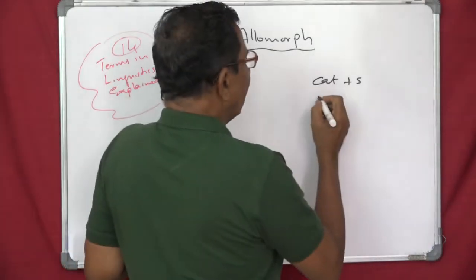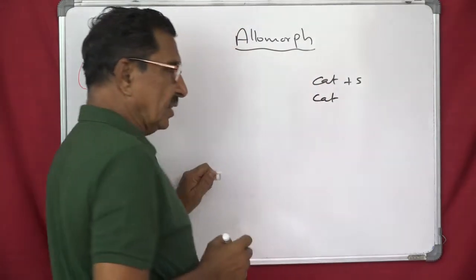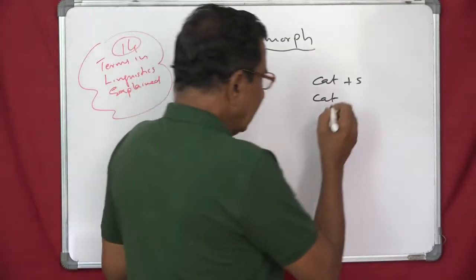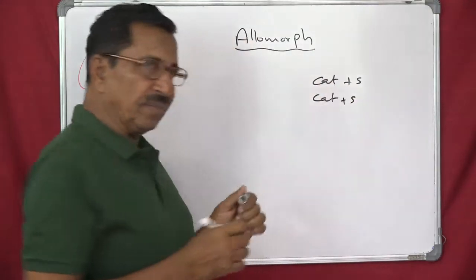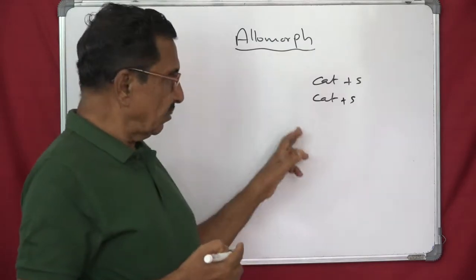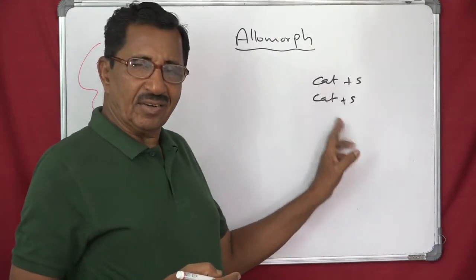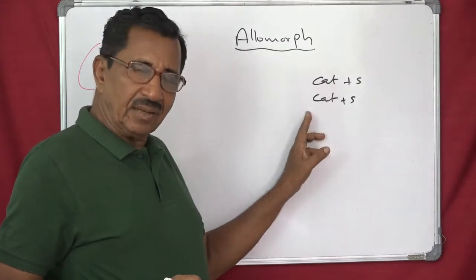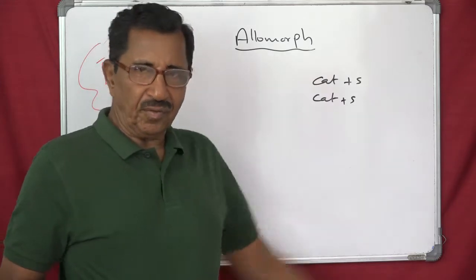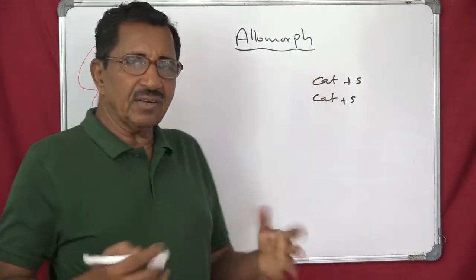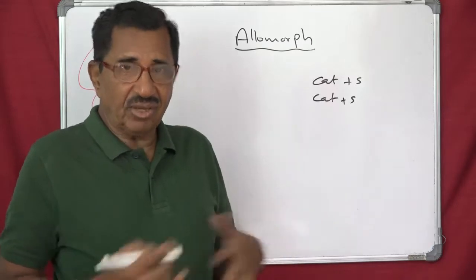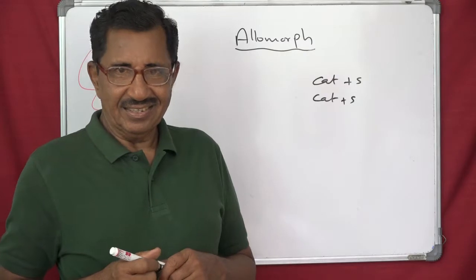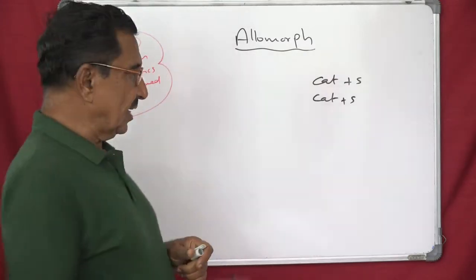Cat is a morpheme, that's all, because that is the smallest meaningful unit. But when it comes with s, one more morpheme comes, because it is plural. Singular becomes plural. So there are two morphemes here. Cat, if you divide further, you have nothing. Cats you can divide: one is cat, the other is plural.